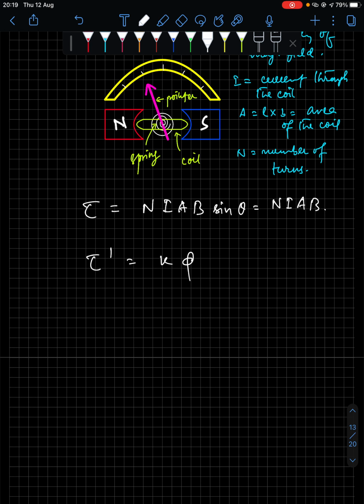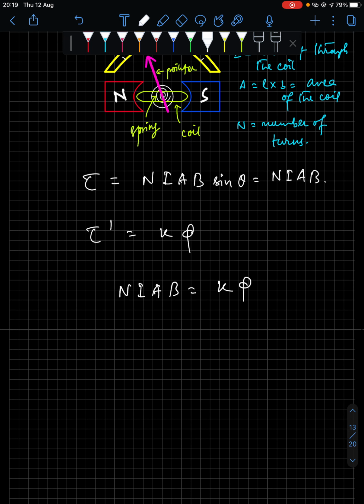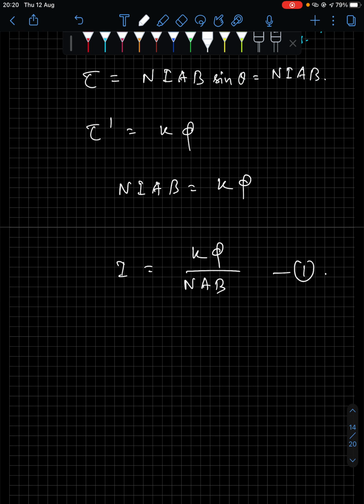So under equilibrium condition, the forward torque and the counter torque will be equal. Therefore you can write down NIAB equal to K phi. So I equals K phi divided by NAB. That is your equation number 1. Here you have three constants. K is your spring constant, a material constant, N is the number of turns, which is also fixed in the coil.